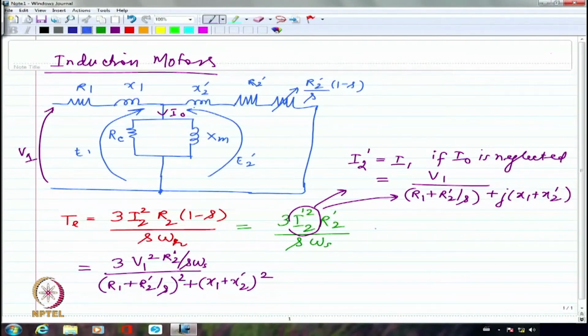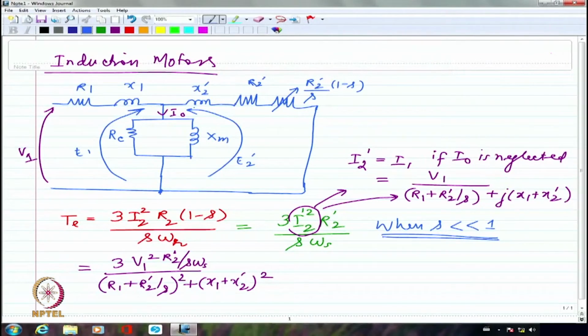From this we talked about two different situations. One was when s is very much less than 1 or close to 0, which is the normal operating situation of an induction motor. Normally, in most induction motors, the rotor copper loss is very, very small compared to what is coming into the rotor.